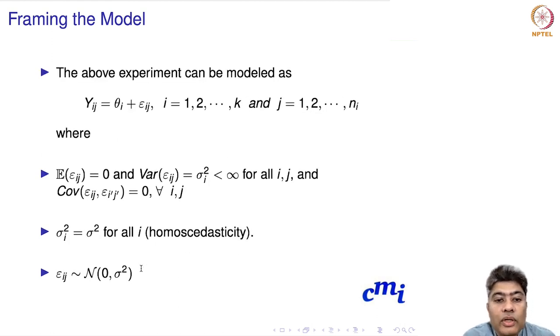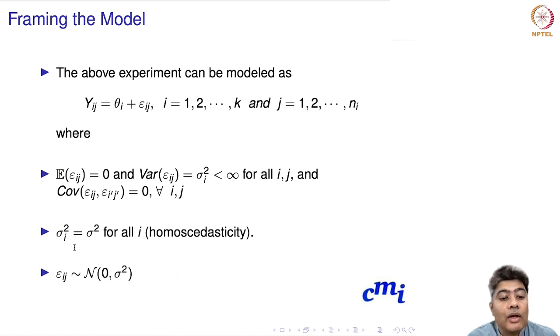A little more clarification of the model. We can take sigma i squared to be different, but for simplicity, we are assuming sigma i squared is equal to sigma squared for all groups. So all groups have the same variance. This assumption is called the homoscedasticity assumption.